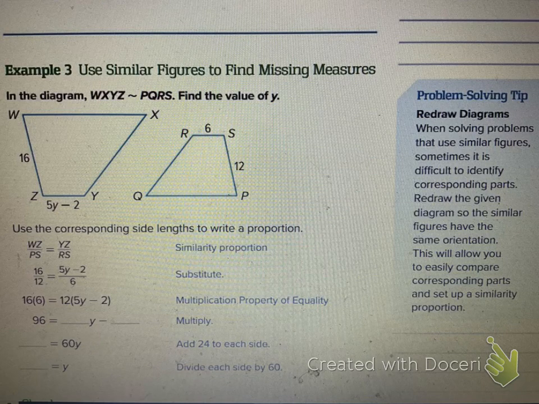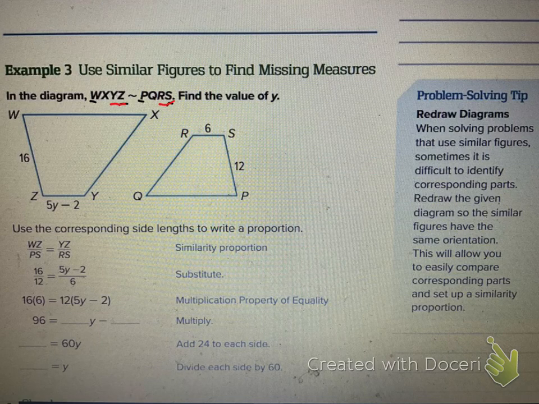Well, you need to use two sets of proportions and set them equal to each other. So they set it up as WZ over PS. If you notice on the similar figures, WZ over PS, they match up. And then they did YZ over RS.